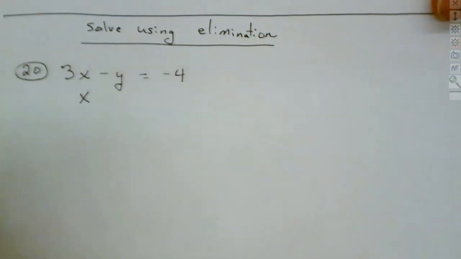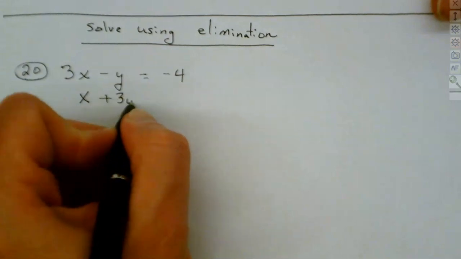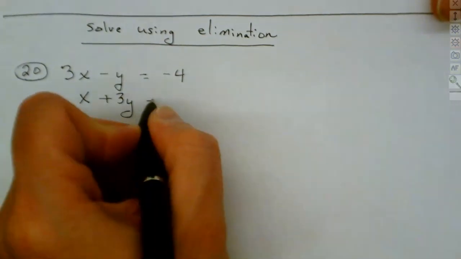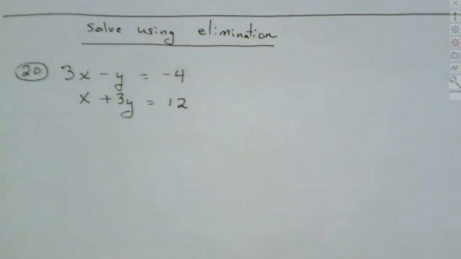And we've got x plus 3y equals 12. Now, we could solve this with substitution, but it's going to be easier to solve it with elimination. Now, we need to pick a variable, and we need to eliminate it, so it needs to go away. And how we do that is by multiplying and adding down.